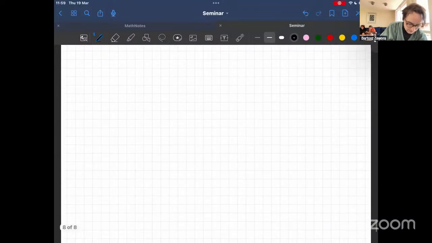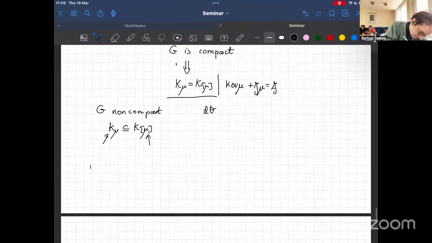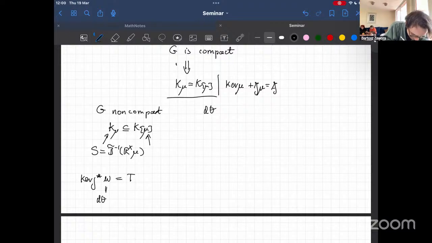Okay, so now, as you can remember from the general setting, if we take J^{-1}(R cross mu), the characteristic distribution, the kernel of omega, where omega here is d theta, is given by the intersection of R cross mu with the symplectic orthogonal of this space.